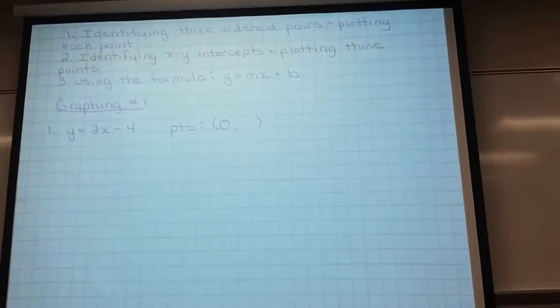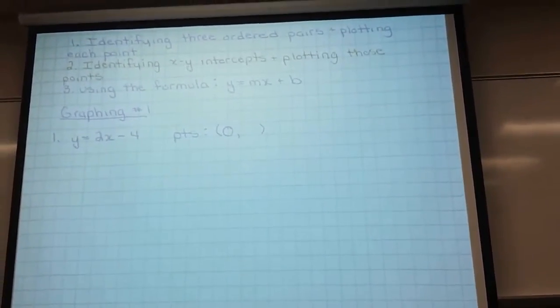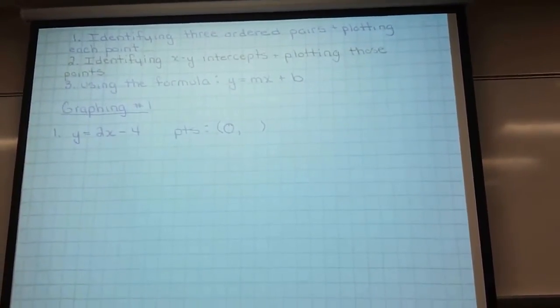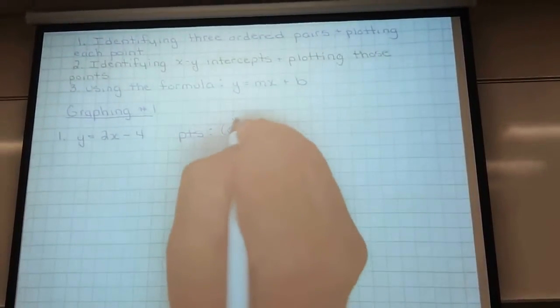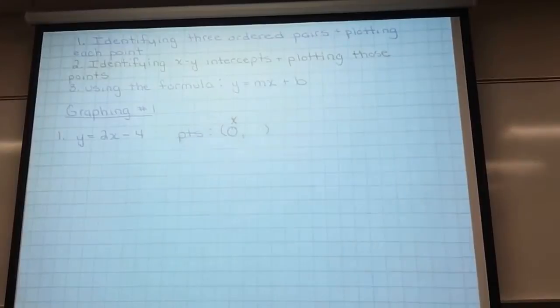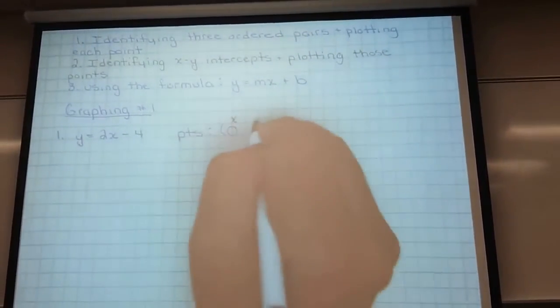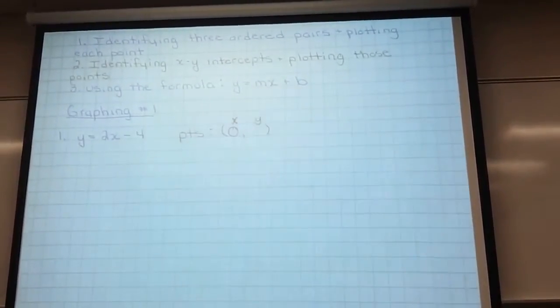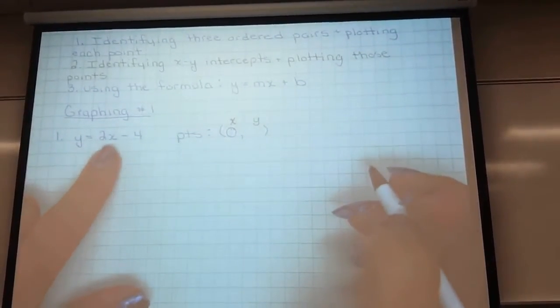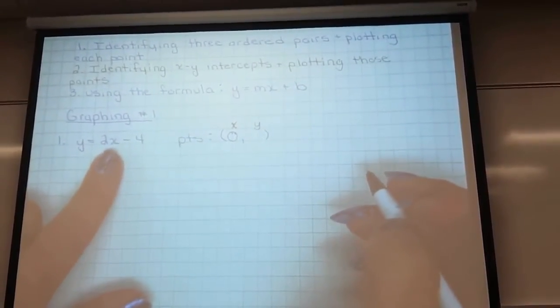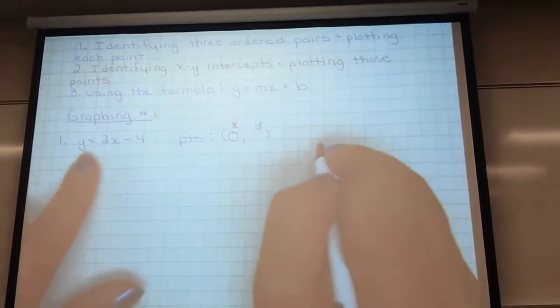You're making your own point. So what does the first number represent? Which letter again? X. So I'm saying I want my X to be 0, and I want to figure out what my Y value is. We've already been through this. I'm going to plug 0 in for X. Some of you can do it in your head, some of you might need to write it out. I'm going to write it.